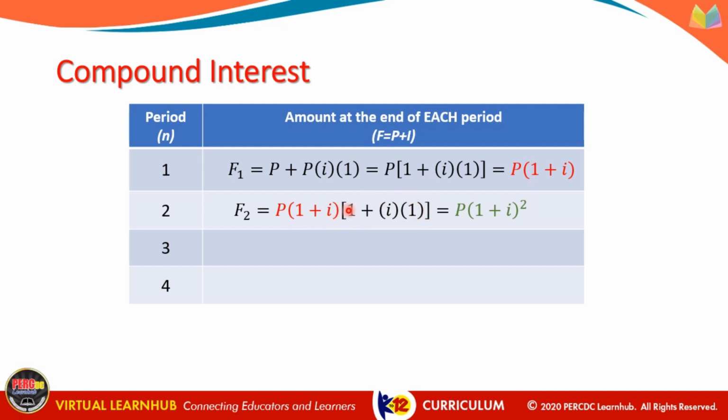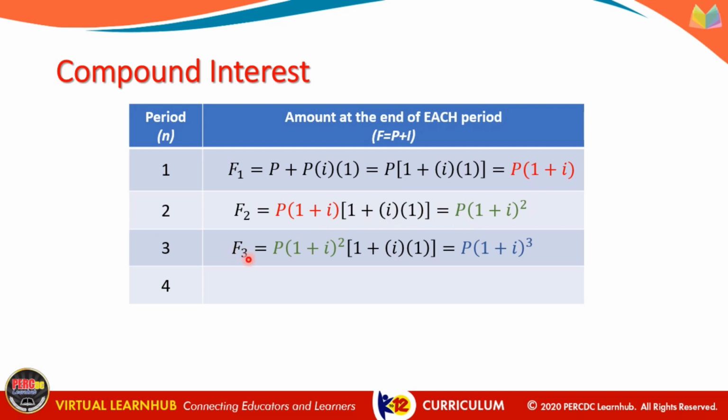This is for the interest gained for another one whole year, the second year. That's 1 plus I times 1 plus I, which gives us 1 plus I squared. The value of the investment at the end of the second year, F sub 2, would be P times quantity 1 plus I squared.